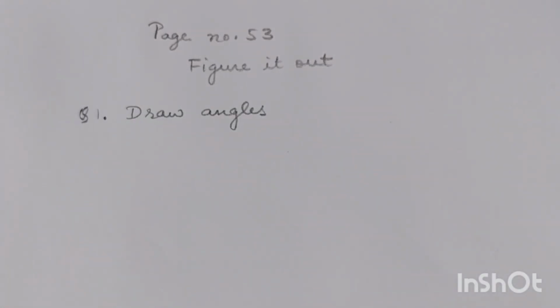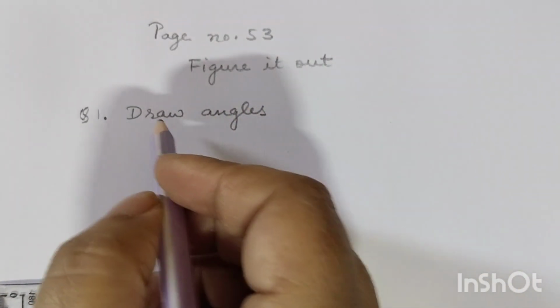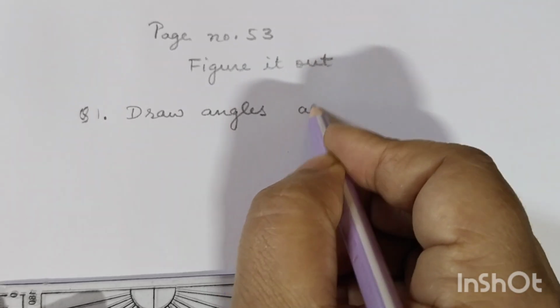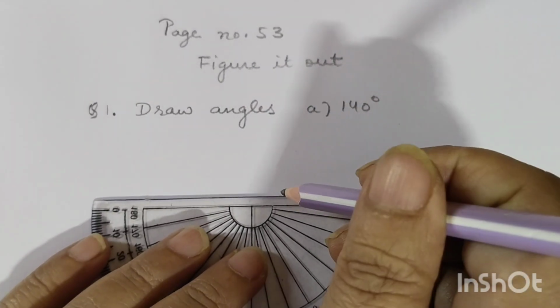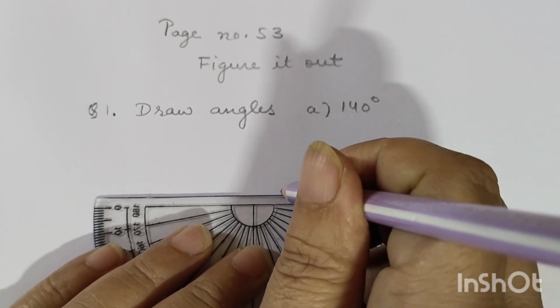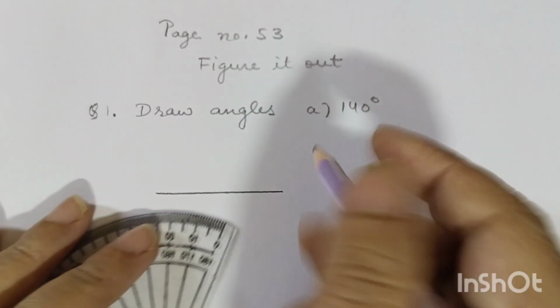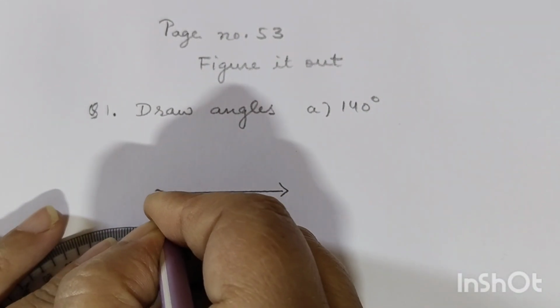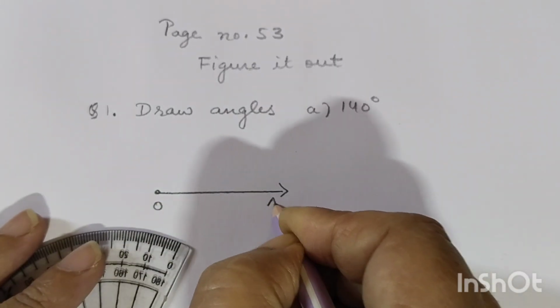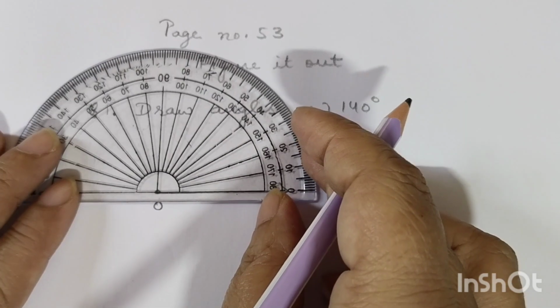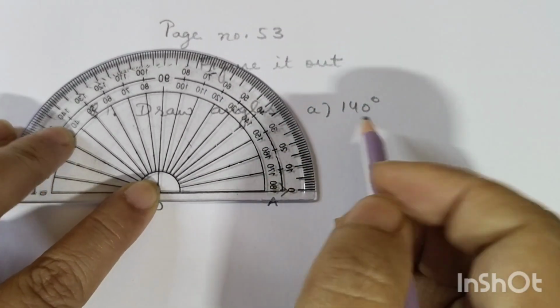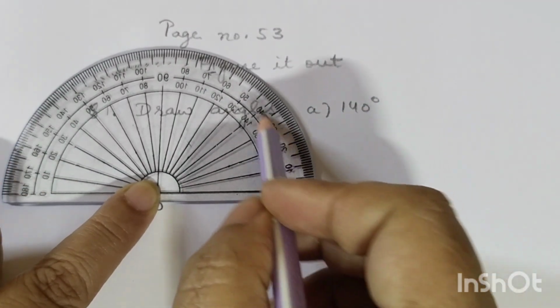Now here again, A part is 140 degree. Mark a line. Make it a ray, OA. Place the protector on point O and count 140 degree from 0.